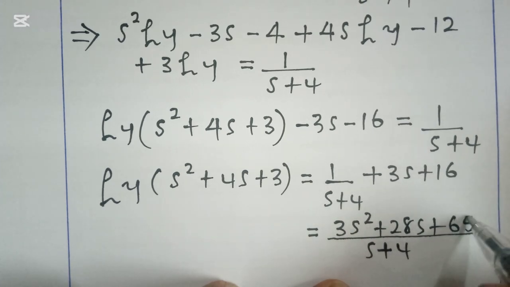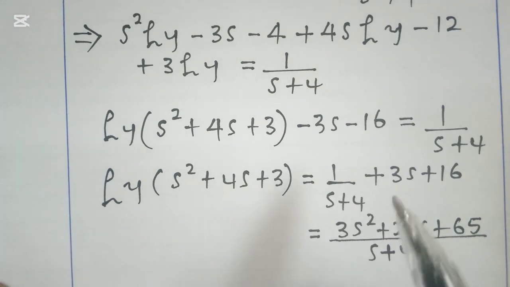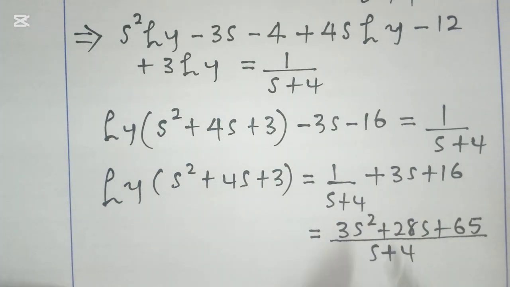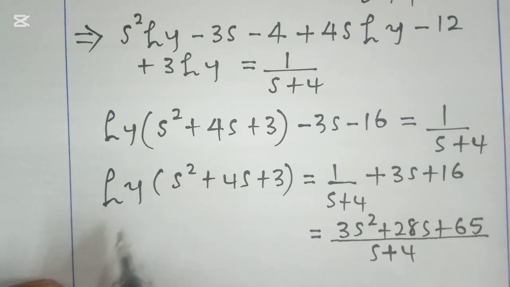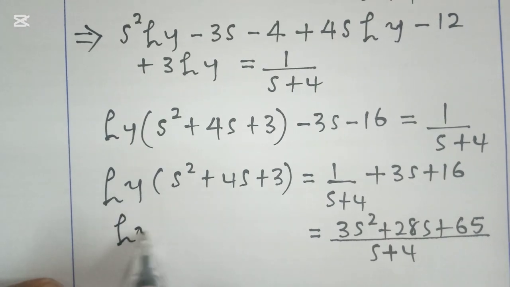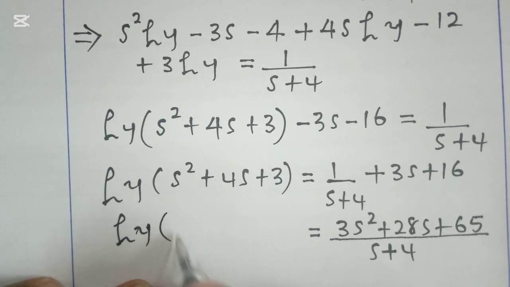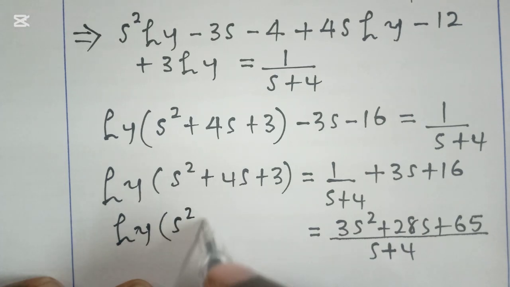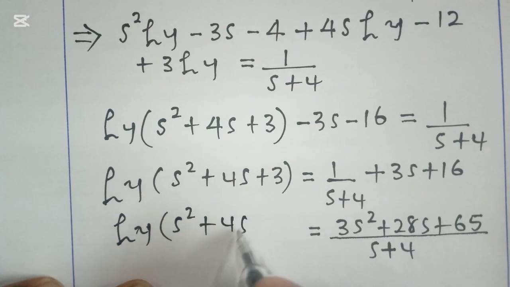So that is what you should get if you were to put all of these under the same denominator. So we are now having the Laplace transform of y, s squared plus 4s plus 3, like that.